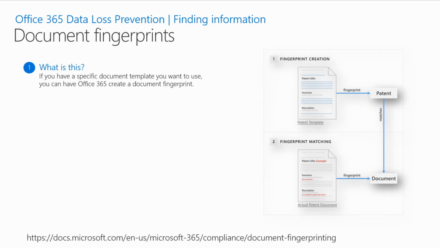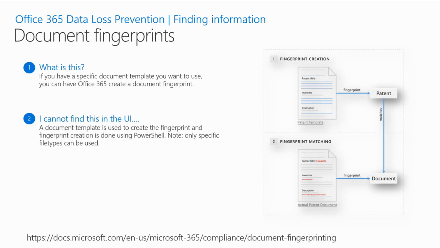One of the things you won't see within the UI is a document fingerprint. It's still there. You can have Office 365 create your document fingerprint for you. Like, for example, in this case, you have a patent document. You want to create a patent template, then you can create a fingerprint, and that fingerprint will be used to match any information.